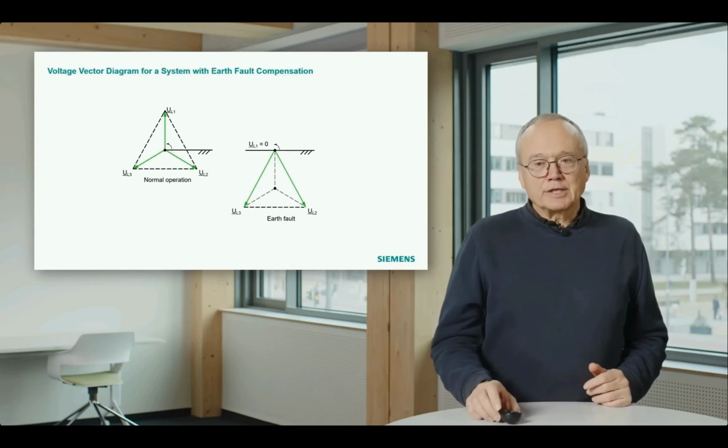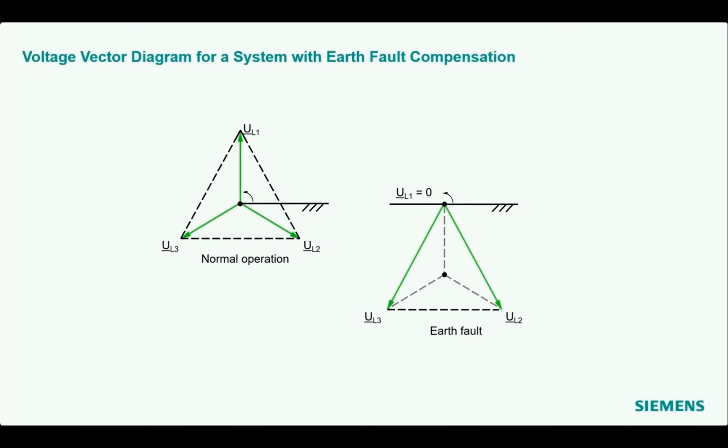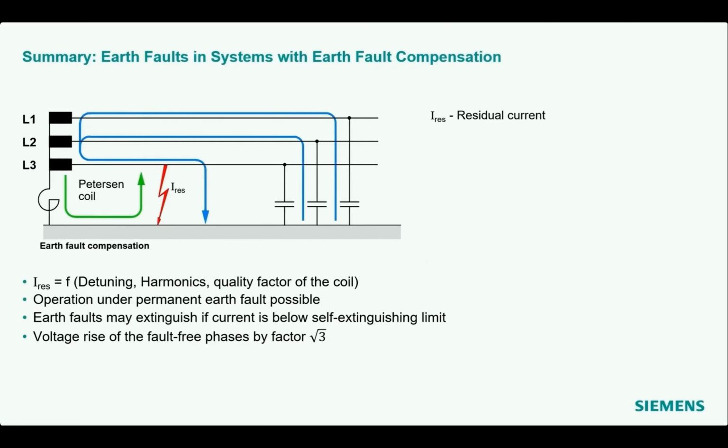If we look at the voltages, it's the same story. The behavior in terms of voltages is the same as in systems with isolated star point, so we don't have to discuss that again. Let's summarize this star point treatment with earth fault compensation.